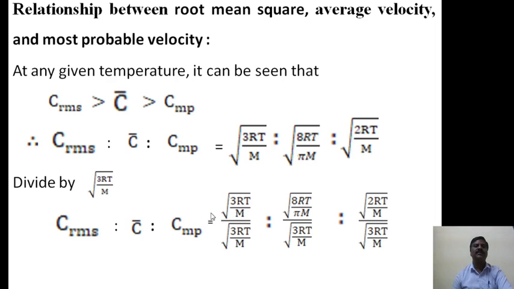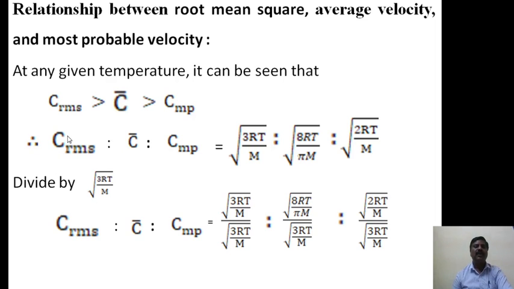Now last, coming to the relationship between root mean square velocity, average velocity and most probable velocity. At a given temperature, the velocity of gas molecules depends on temperature. Therefore, at any given temperature, it can be seen that root mean square velocity is greater than average velocity, which is greater than the most probable velocity.